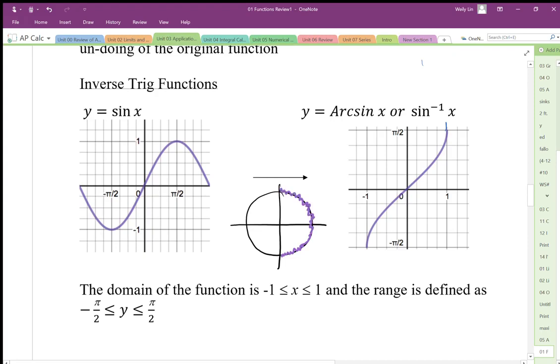That's why when we did arcsine on our calculator, we had to think of theta 2, because there were other sine values on the other side of the circle that gave us the same y coordinate, the same sine value. These are not perfect inverses of each other.